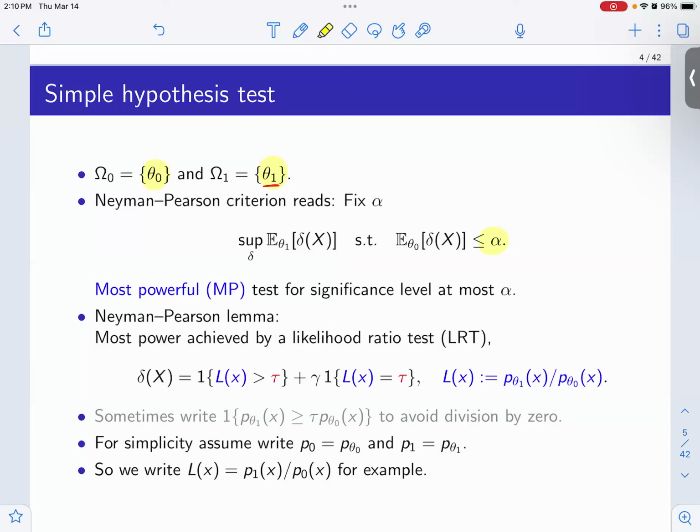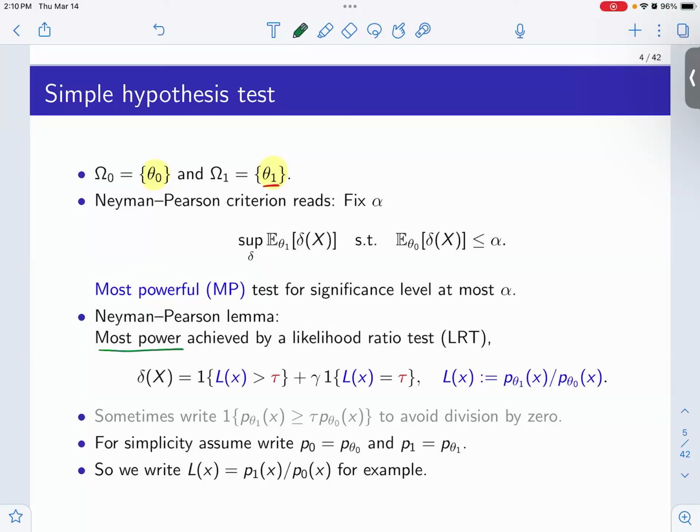And the solution of this problem is given by the Neyman-Pearson lemma, which states that the solution of this we can call the most powerful test for a given significance level alpha. So the optimal test is called the most powerful test for obvious reasons. And so there's this lemma called the Neyman-Pearson lemma, which specifies what exactly is the most powerful test.